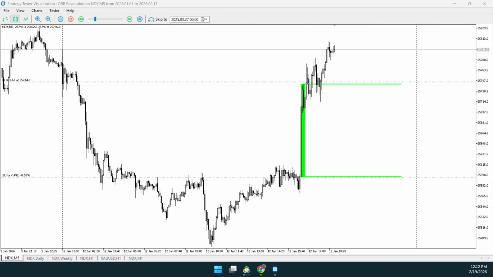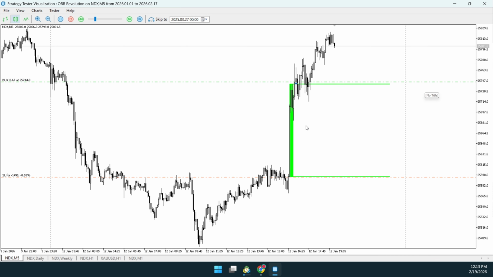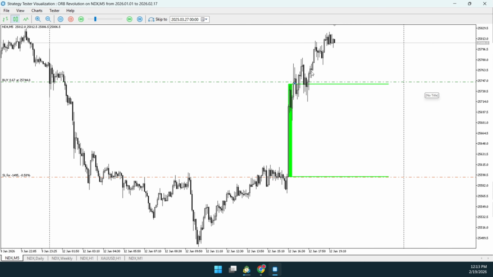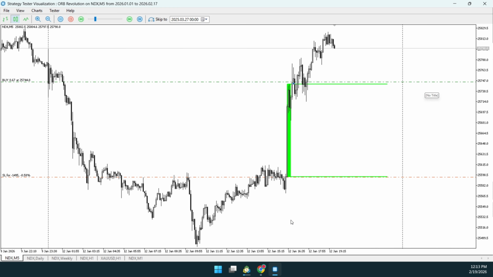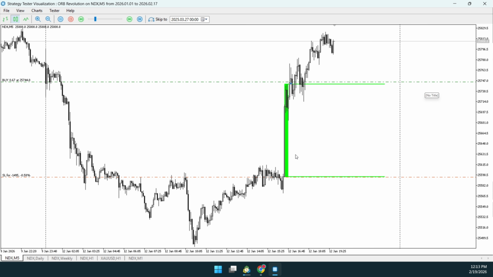So let's dive in. The first thing we need to understand is the opening range itself. The opening range is simply the high and low price that forms in the first few minutes once the market opens. It can be the first 5 minutes, the first 15 minutes, or even the first 30 minutes.